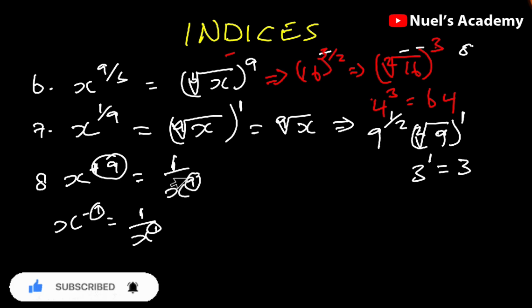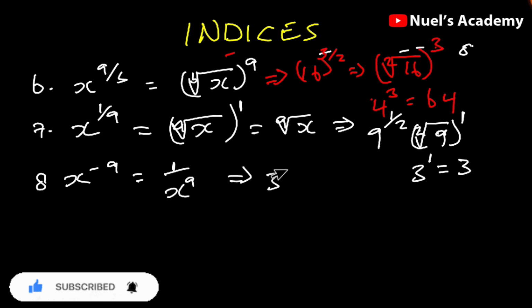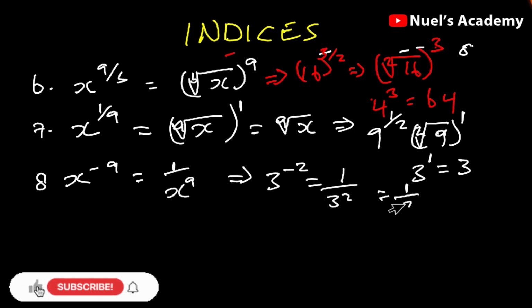That is why we only have positive a here. An example of this is when we have 3 to the power of negative 2, so this will become 1 over 3 squared, which is equal to 1 over 9.